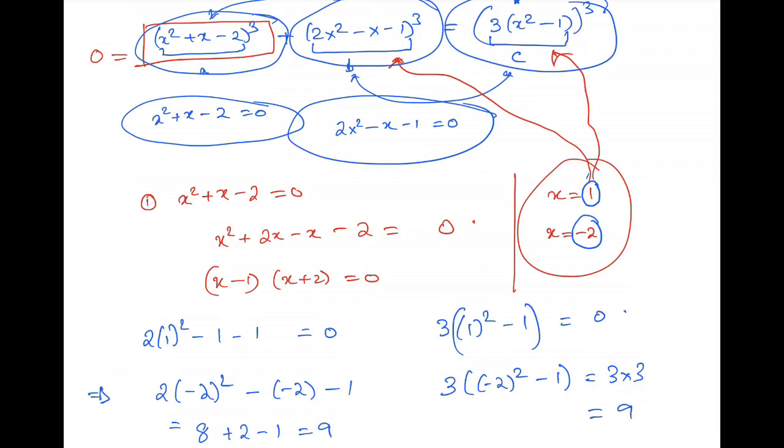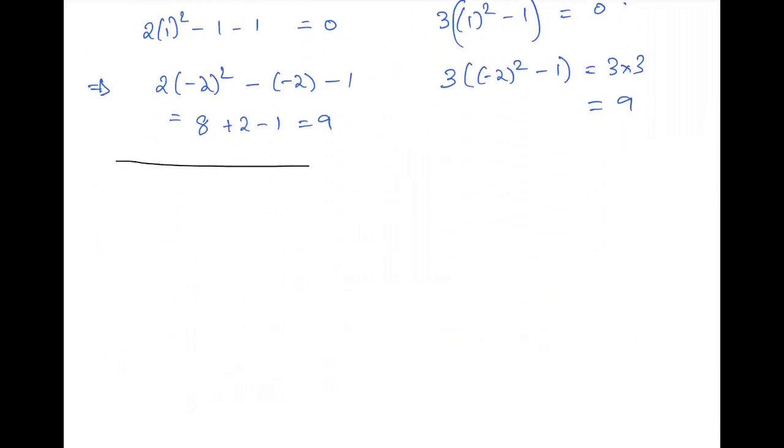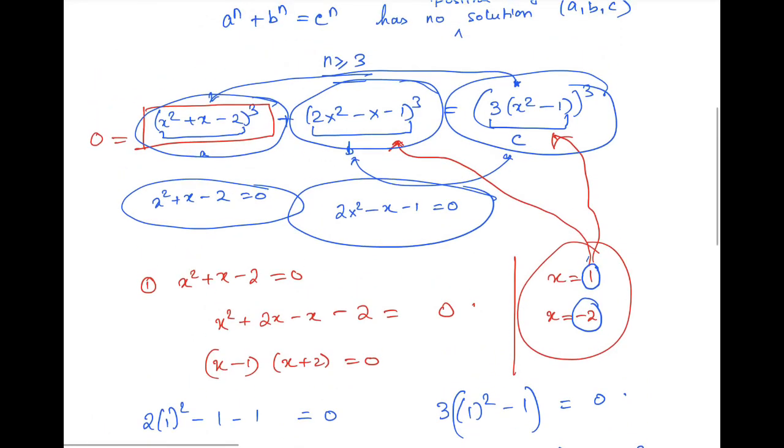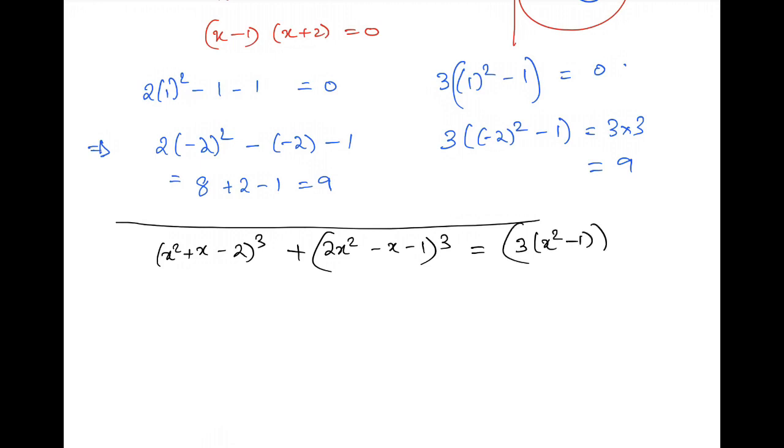Let's quickly reframe this problem one more time and try to use our guesses, the ones that we have learned. So we have (x² + x - 2)³ + (2x² - x - 1)³ equals (3x² - 1)³.